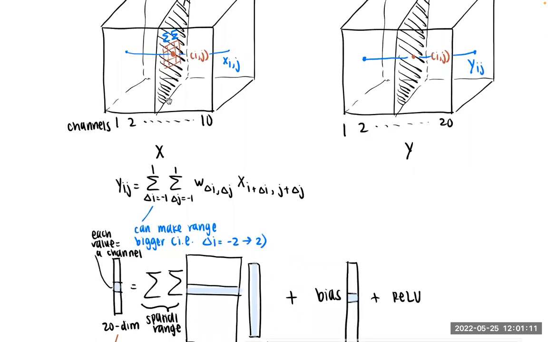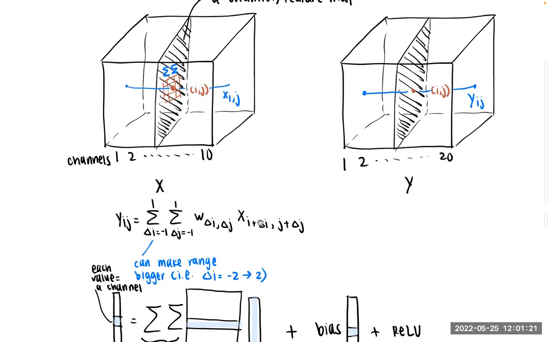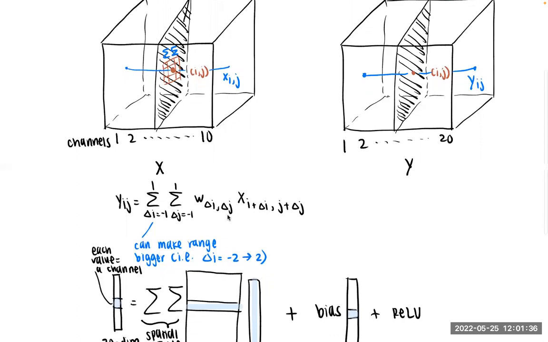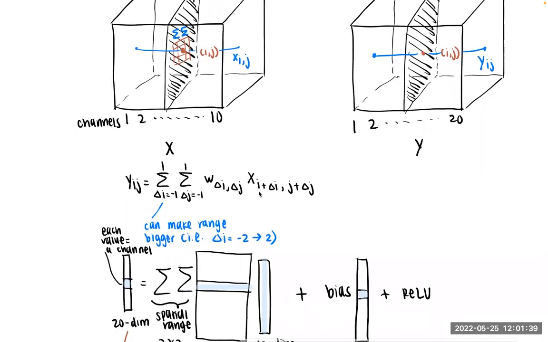And then we have W delta I delta J within this 3 by 3 range, and then X at I plus delta I, J plus delta J. So that is here. At Ij, you have one vector, and then you shift this, right? So you have a 3 by 3 window, and then you have 9 vectors. So here Yij is actually a linear combination of these 9 vectors.